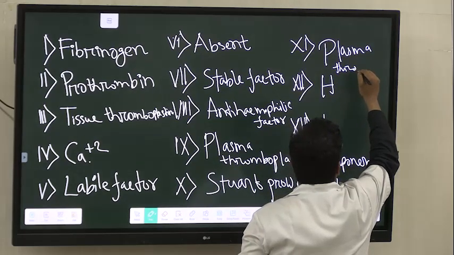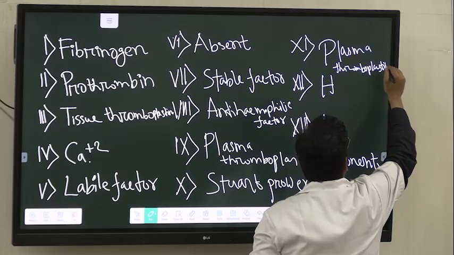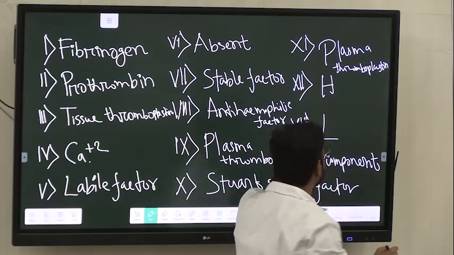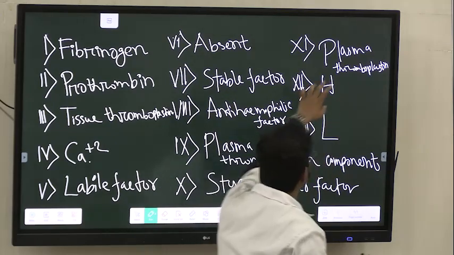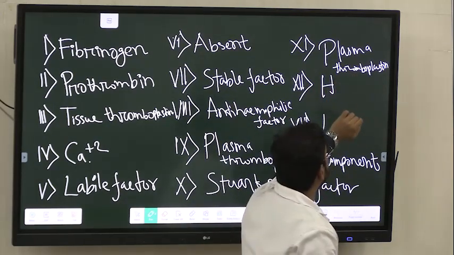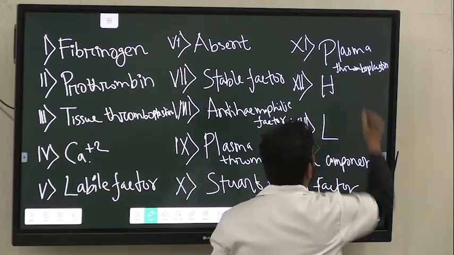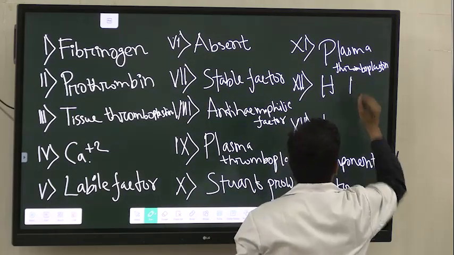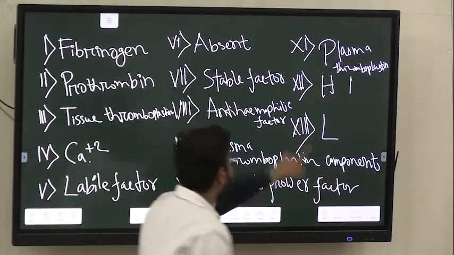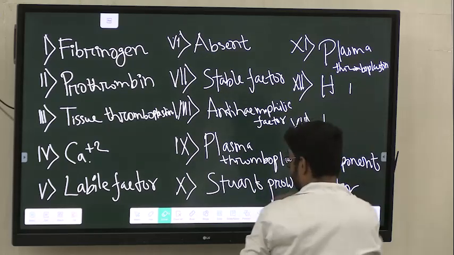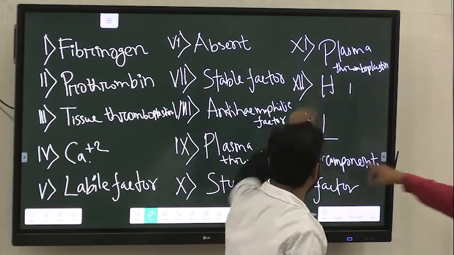The 9 one is plasma thromboplastin component. I said it wrong earlier: number 9 is component, and 11 is antecedent.